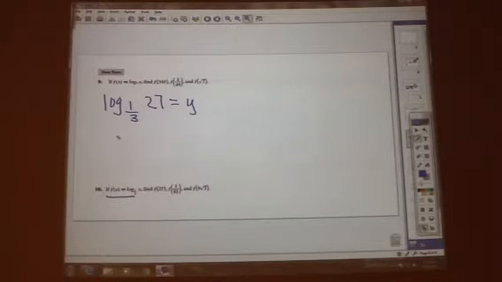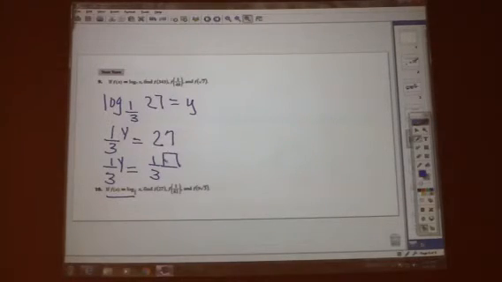What does this mean? How would I write this in exponential? 1/3 to the y equals 27. So 1/3 to the y equals 1/3 to the what power? Negative 3. Y equals negative 3. Good job.